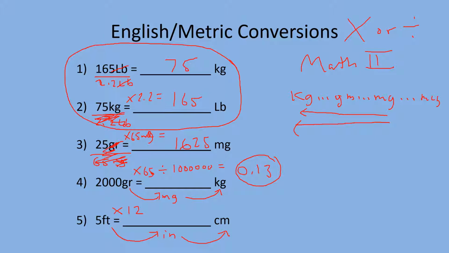Then inches to centimeters. Do you multiply or divide? Multiply. So it's 5 times 12 times 2.54. 152.4. There you go.